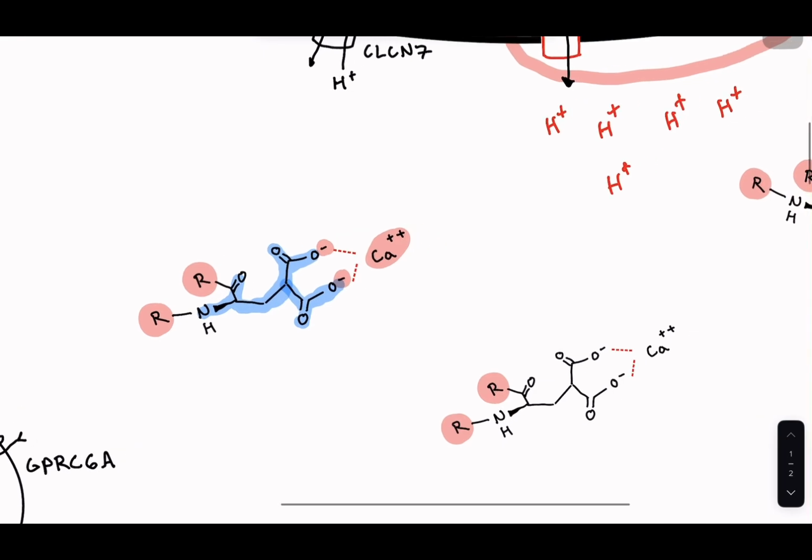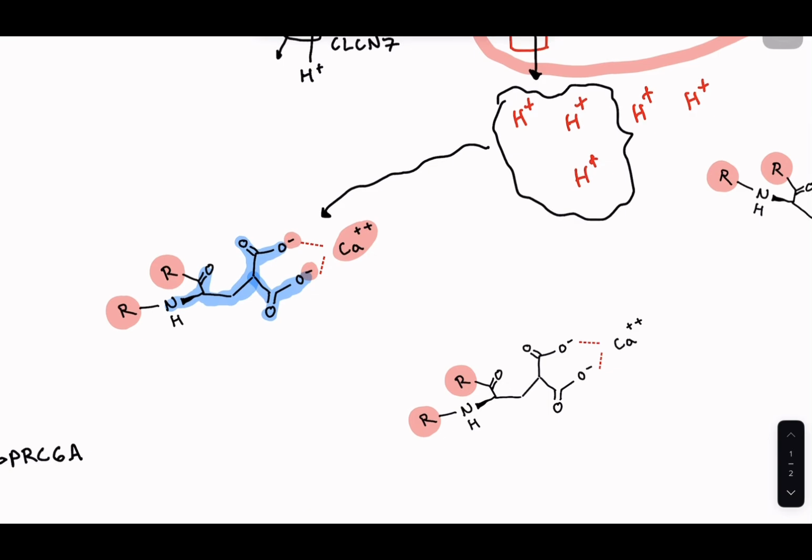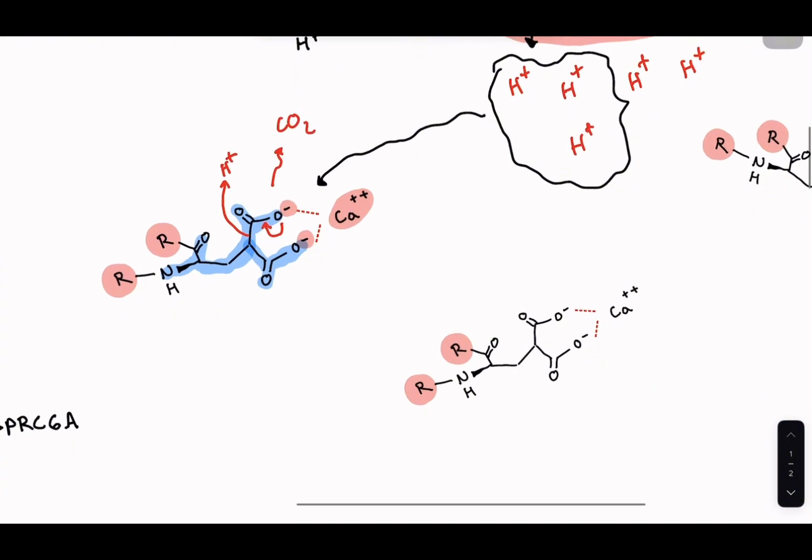But what happens is when I make this extracellular matrix more acidic, or I decrease the pH, I can come over here and those hydrogen ions can facilitate some organic chemistry where I'm decarboxylating this. So I'm eventually losing CO2. I'm getting rid of this little carboxyl group right here in the form of CO2.